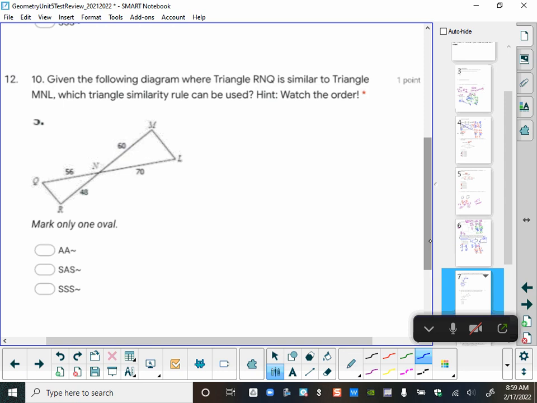This one, similar to the other problem. What type of figure do we have? A bow tie. So therefore, what do we know about this angle and that angle? Vertical angles, that means they are congruent.